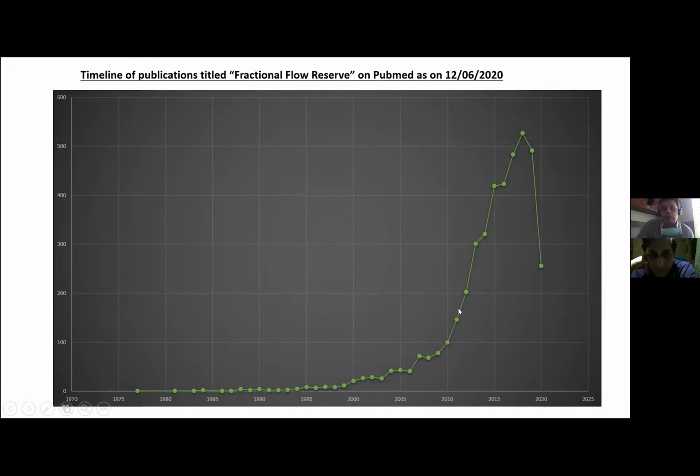There have been almost 500 odd publications per year with Fractional Flow Reserve in the title, which means that the interventional cardiology community is rapidly embracing this technology, and our practice of treating coronary lesions is changing from just visual assessment of a stenosis to functional assessment, which is best done at the moment probably with fractional flow reserve.